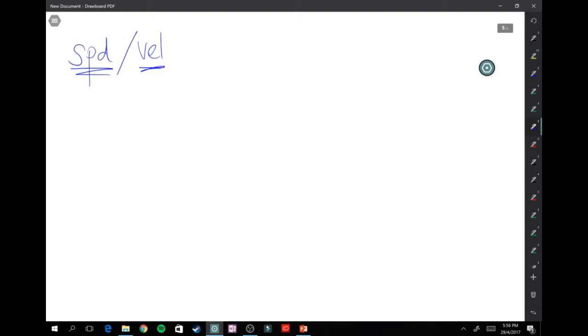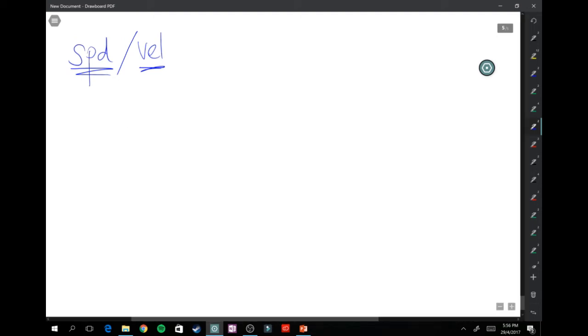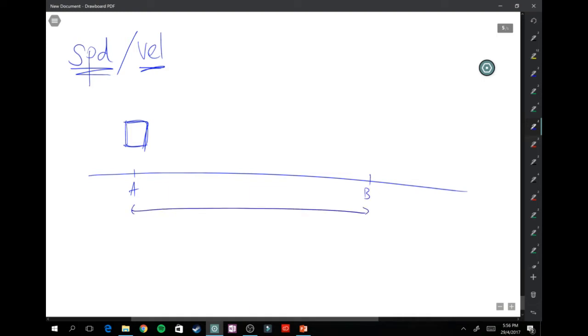Let's imagine I have a car, say a box, that is traveling from point A all the way to point B, and you know that point A to point B is 10 meters. If this thing travels from A to B in 1 second, you know that the speed is 10 meters per second, because it covered 10 meters in 1 second.